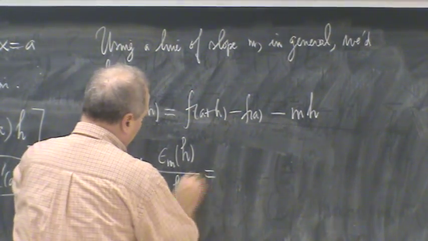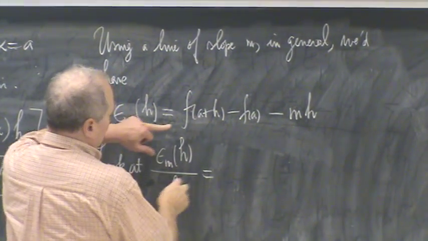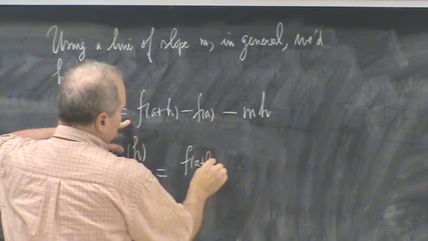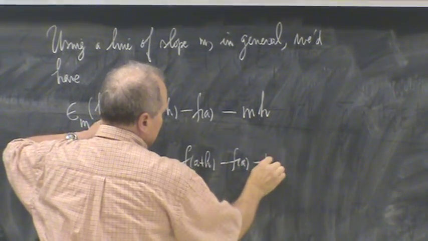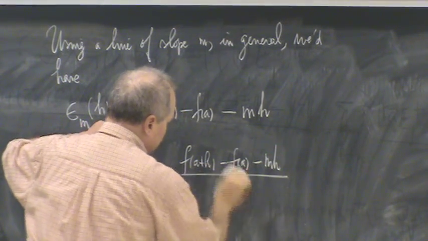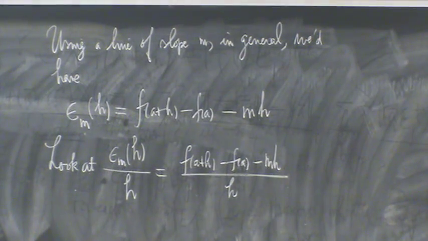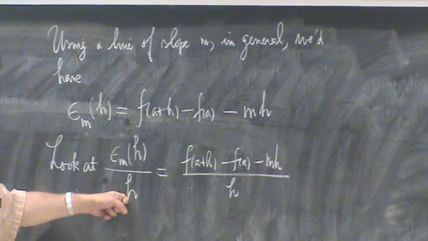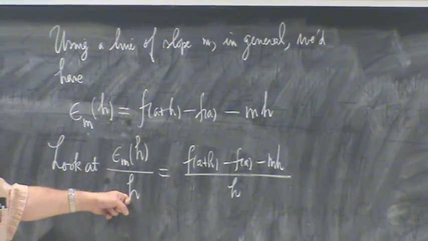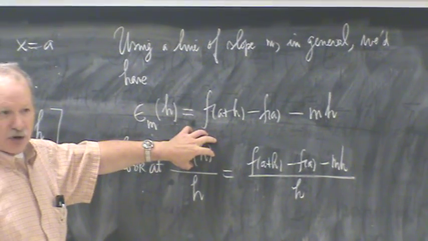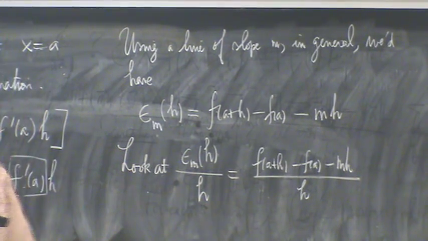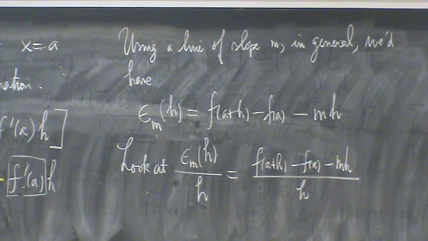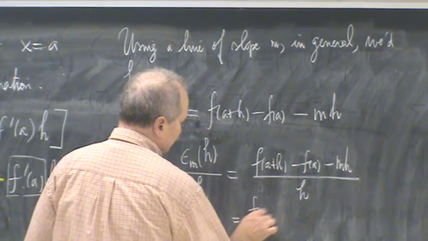All right, so what do I get when I do this? I get f of a plus h minus f of a minus mh over h. So that's the error relative to the size of your step size or change in x. This is the relative error in the approximation of the function compared to the change in x. And what does this look like to you?